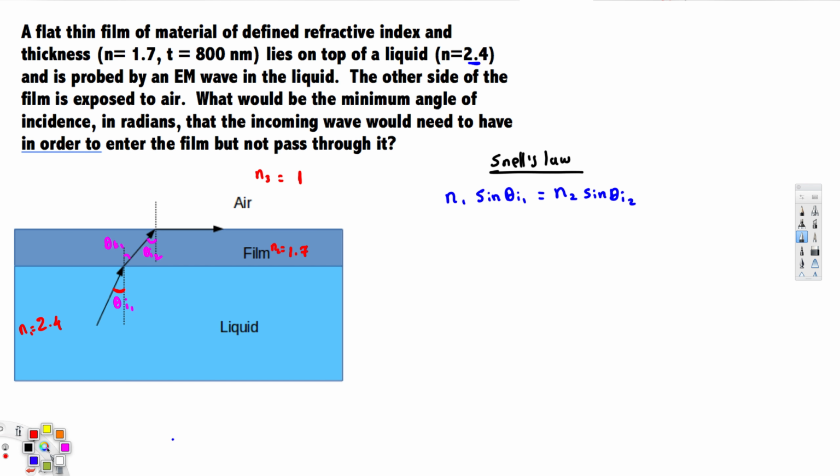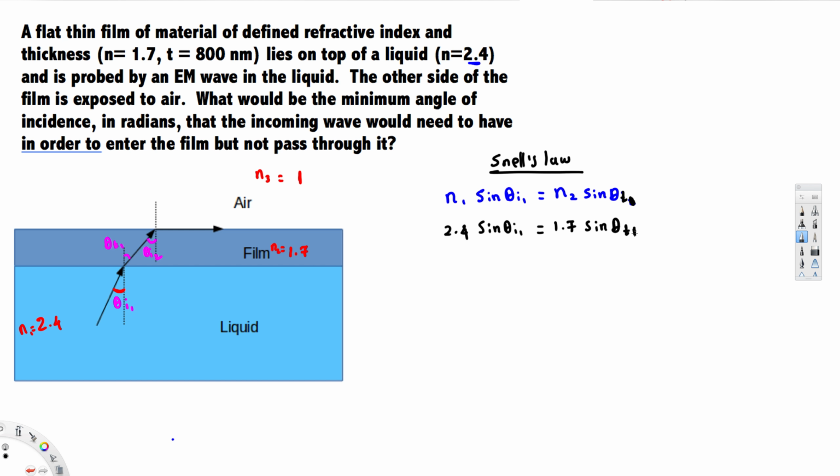Now let's look at the available values. We have n1, that is 2.4, and sine theta I1, we don't know the incident angle, that's the question, and n2 is available, that is 1.7. And this should be theta T1, because according to Snell's law, n1 sine of incident angle 1 should be equal to n2 sine of the transmitted angle 1.